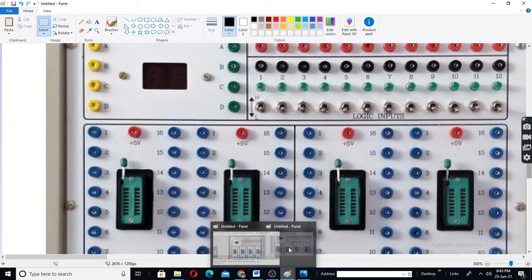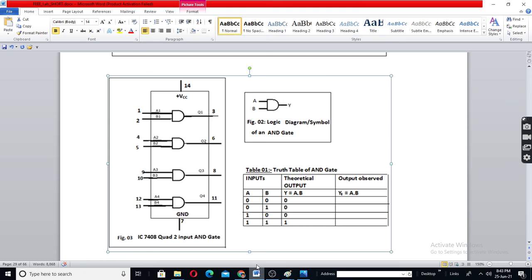Now, if you are interested, you can check for other gates. 4, 5, 6. Keep 7 and 14 there itself and check for this. All the 4 gates. In the examination, you should get at least one gate proper output.